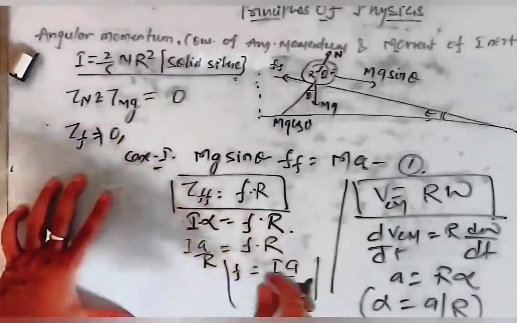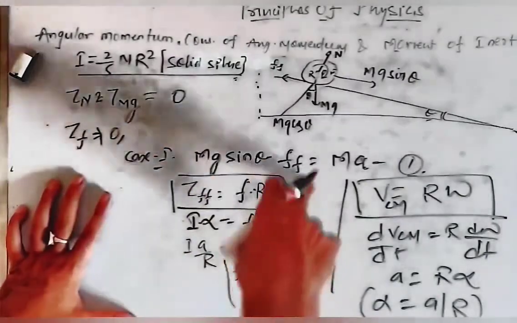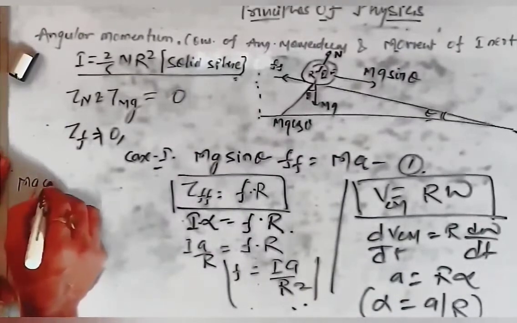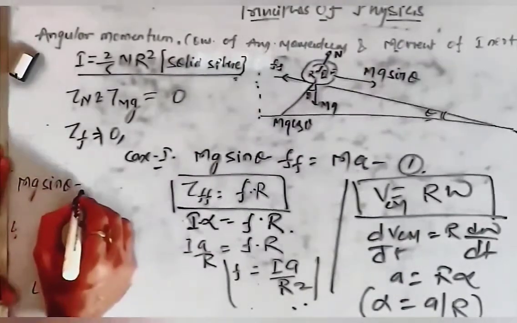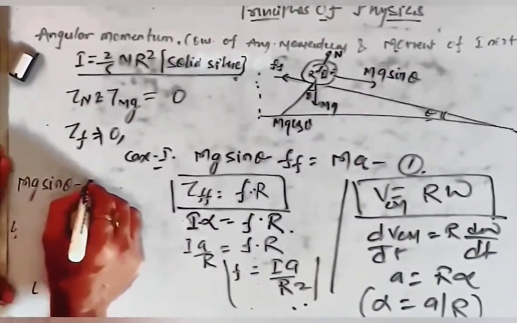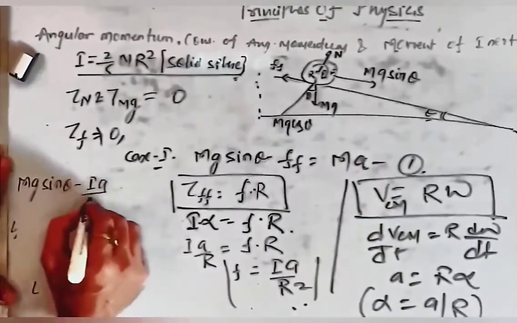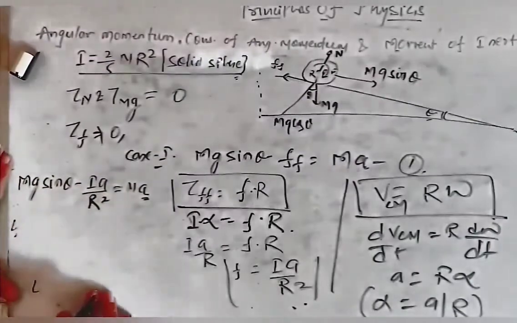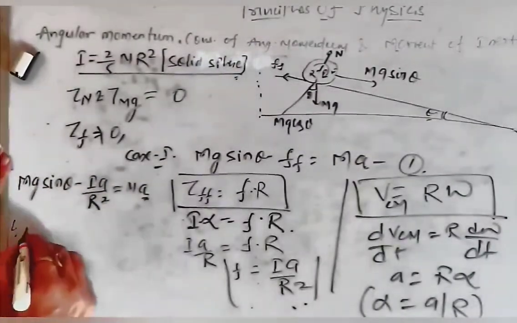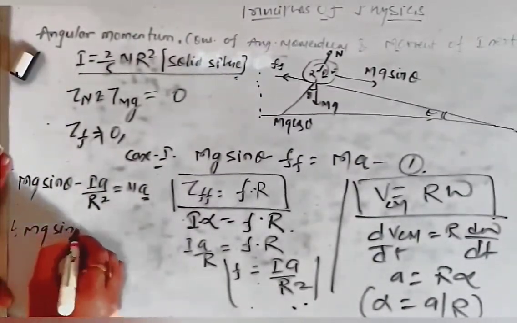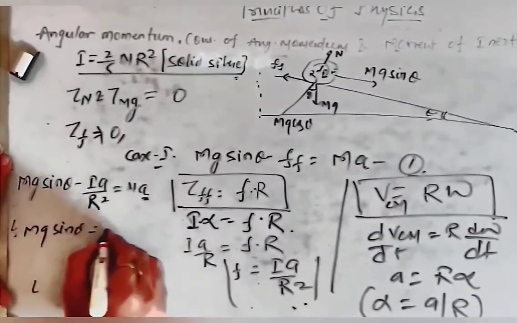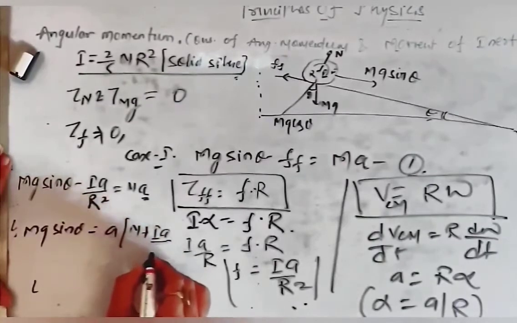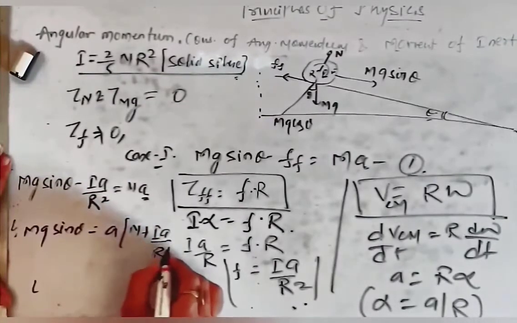Now we will substitute this magnitude of force here and see what we find: mg sin theta minus I a by r square gives ma, or mg sin theta equals a times m plus I by r square.